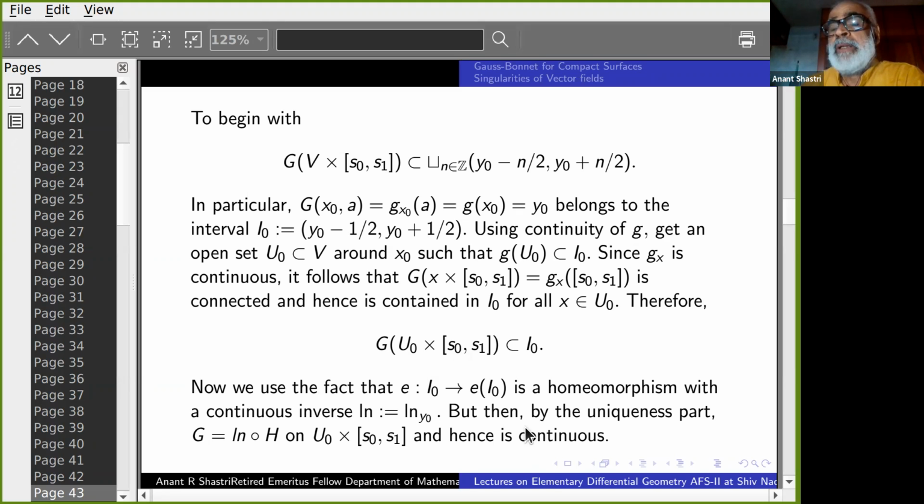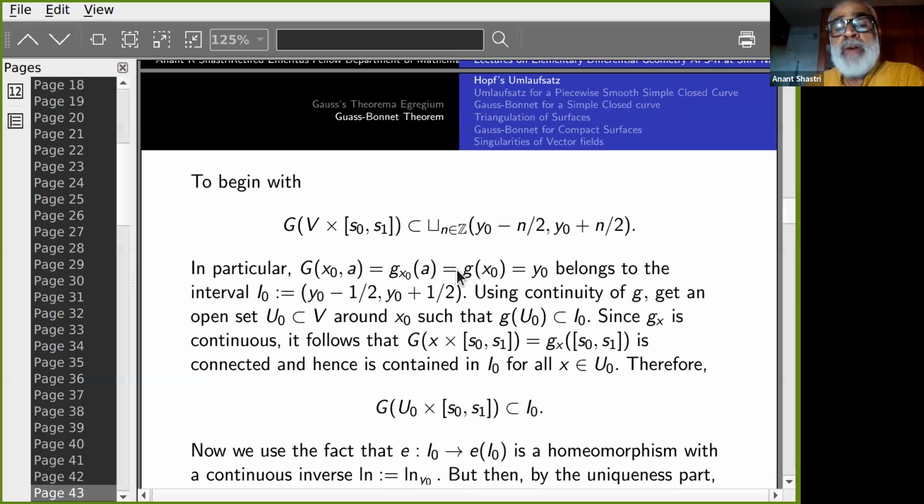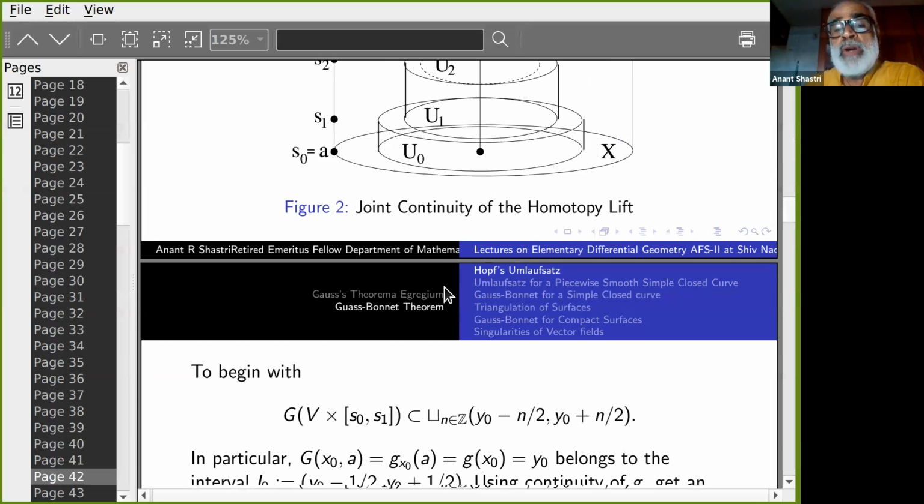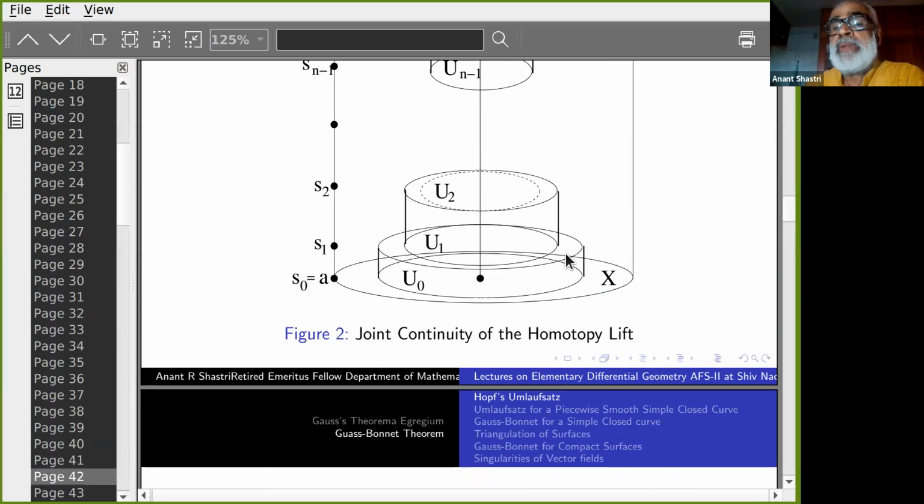Okay. The starting hypothesis was that on the bottom space here, the given function g is continuous. So now we have got up till here it's continuous. Now what is the hypothesis? This becomes the bottom for the next cylinder. On that one, function is already continuous. So repeat it. You may have to take a smaller neighborhood on which the whole thing goes into one single interval.